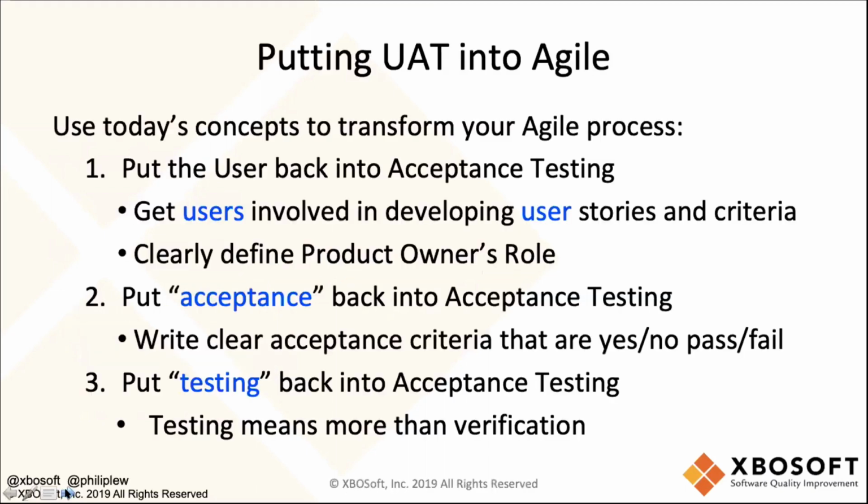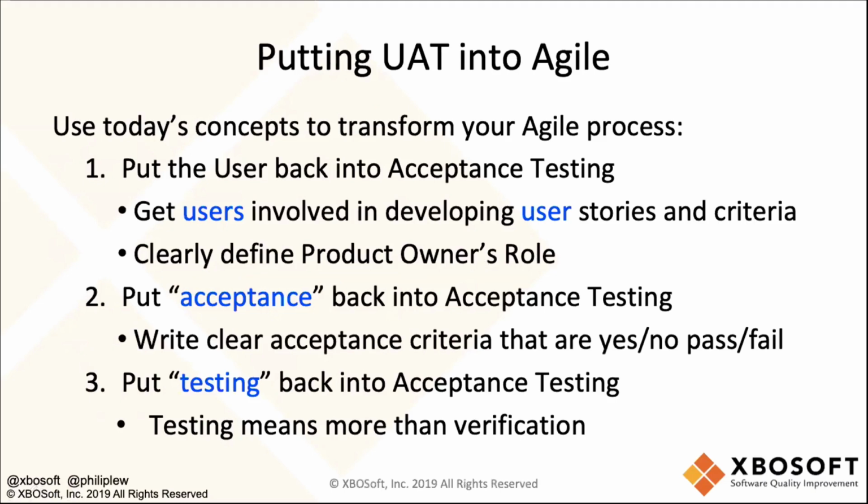I think that putting UAT into Agile really requires discipline and a focus on user stories, and having the product owner be very participative, not only themselves, but bringing in other stakeholders who have a vested interest into developing those user stories, as well as the criteria.